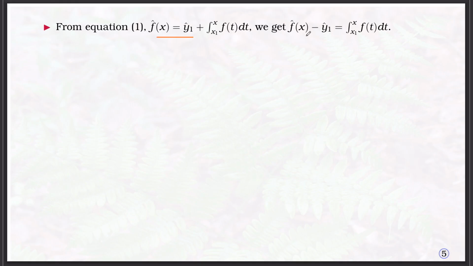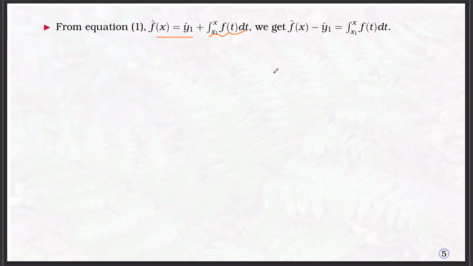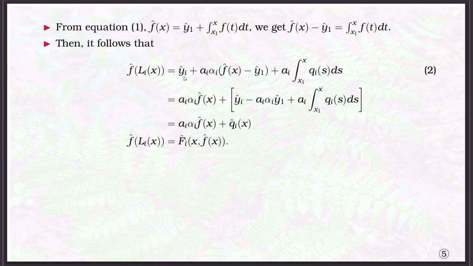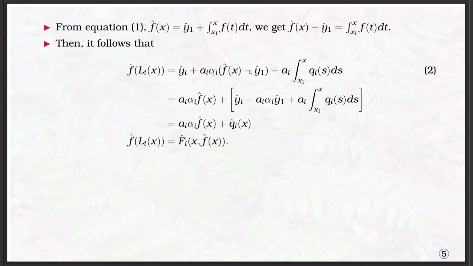Then you can apply here, and one can get yi cap plus ai alpha i times f cap of x minus y1 cap, plus the remaining term. Then again ai alpha i f cap of x we can take out, and combine the remaining terms.